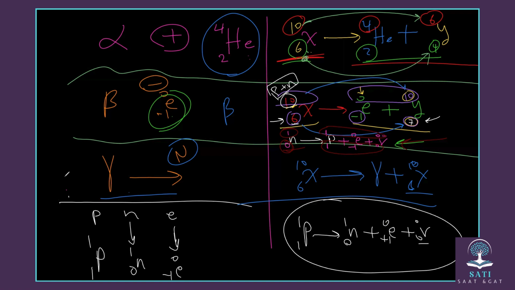So a proton can be changed into a neutron, and here what is emitted is something we call a positron. A positron is exactly similar to beta, but positive. So we call it positive beta, or positron, and it has the same mass as an electron but a different charge.